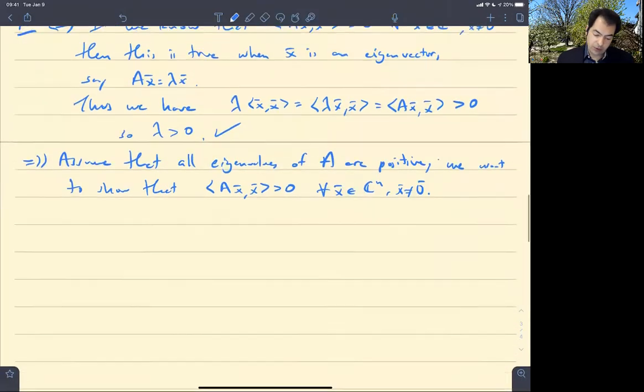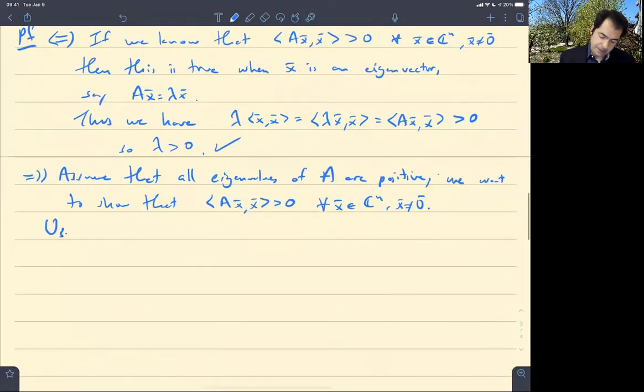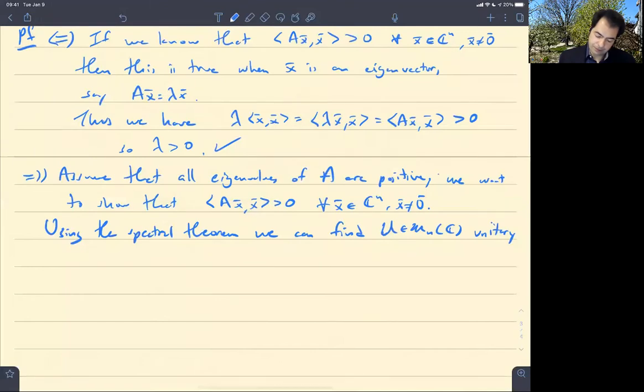So using the spectral theorem, we can find an n by n matrix U that is unitary such that A is equal to U times the diagonal matrix with entries the eigenvalues of A times U star.